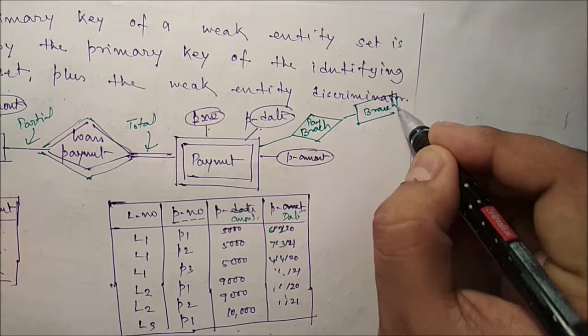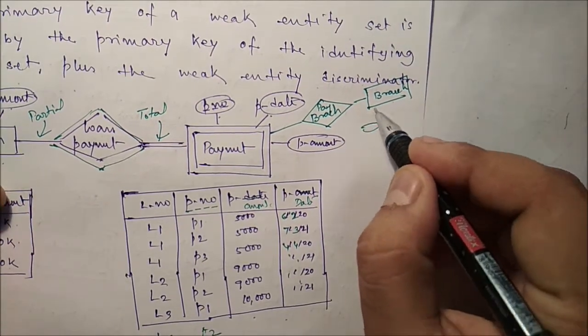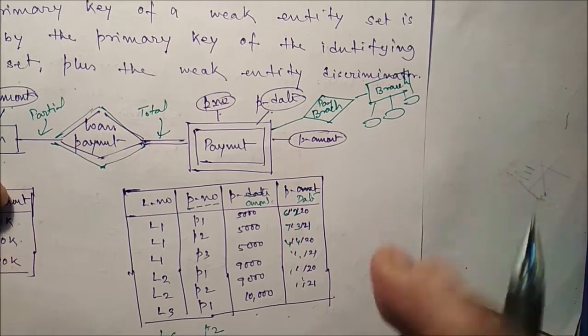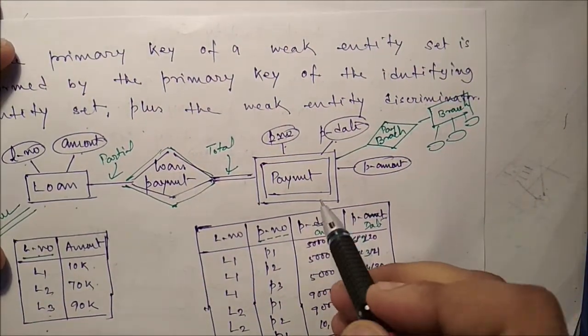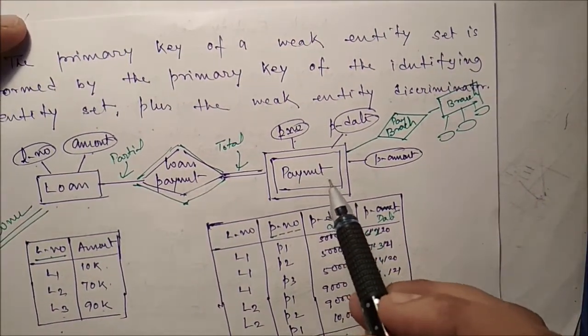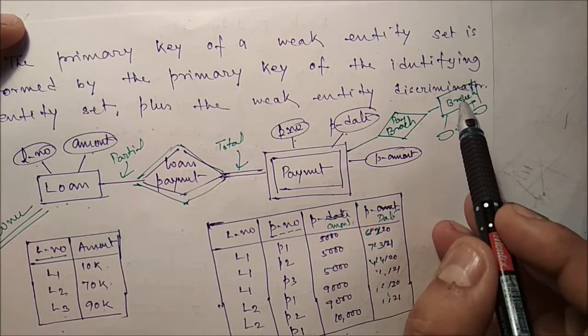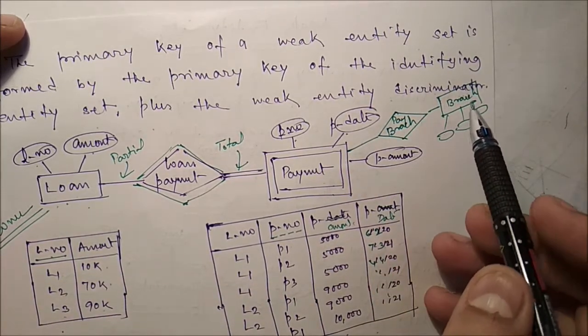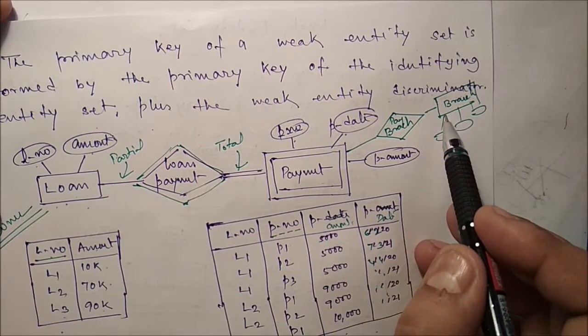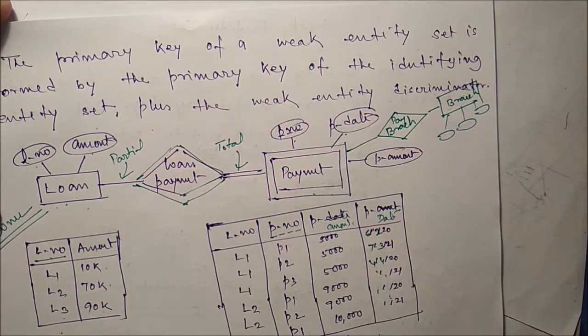So branch ID is there, branch name is there, location is there. So its actual owner entity is this one. This is not the owner entity. Here we just establish a relationship between the branch and the payment, in which branch the payment is made.